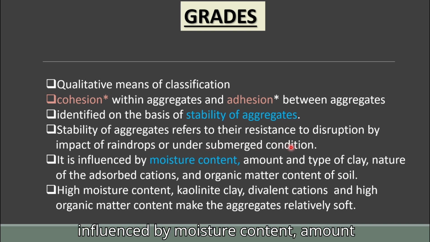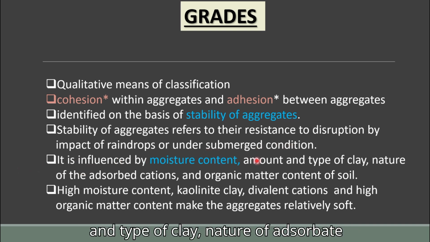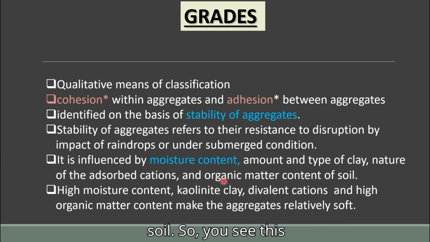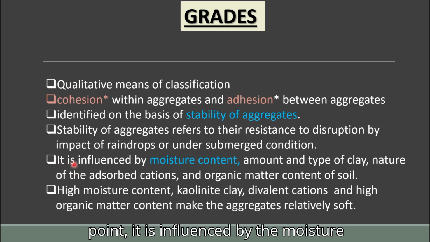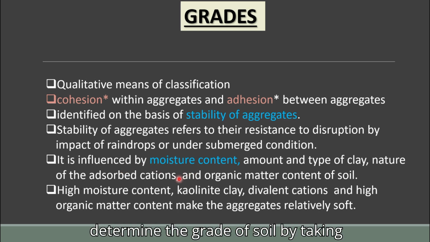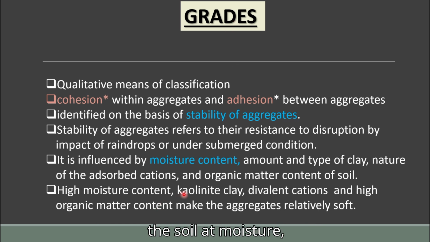It is influenced by moisture content, amount and type of clay, nature of adsorbed cation, and organic matter content of the soil. You see this point, it is influenced by the moisture content. So it is very important that we should determine the grade of soil by taking the soil at moisture, not dry condition.